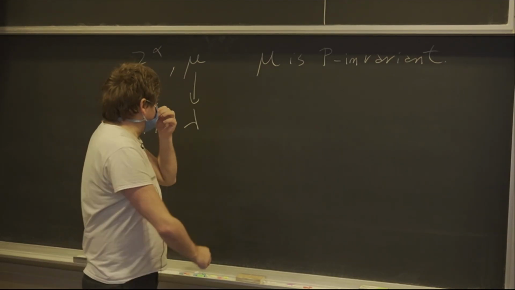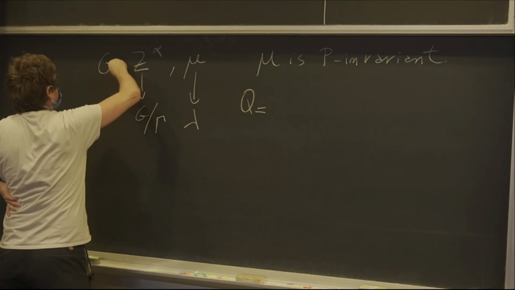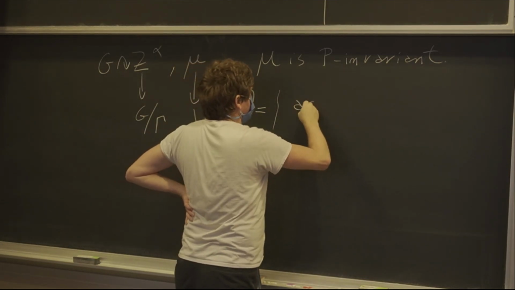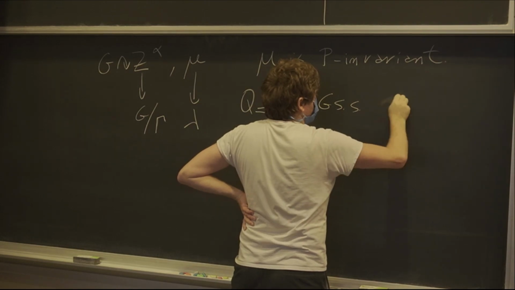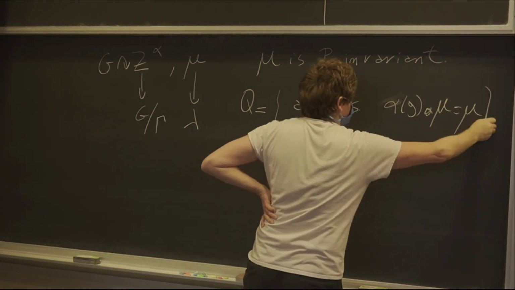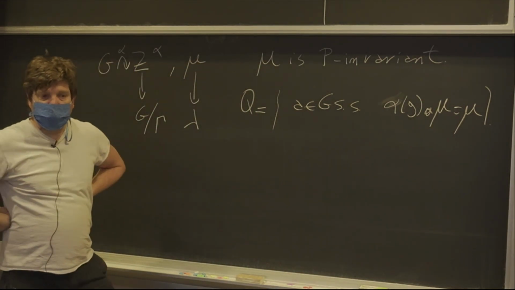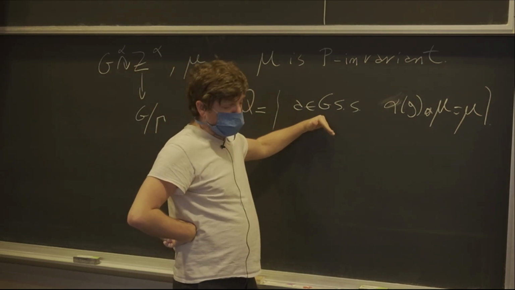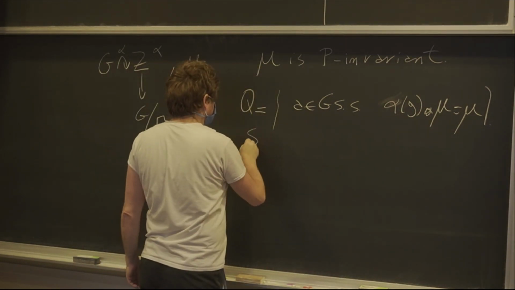And now let me say who Q is. So remember we have a G action here. Q is all the g's in G such that alpha g star mu equals mu. So it's the stabilizer of mu. So it's the elements that leave this measure invariant. The stabilizer of mu.